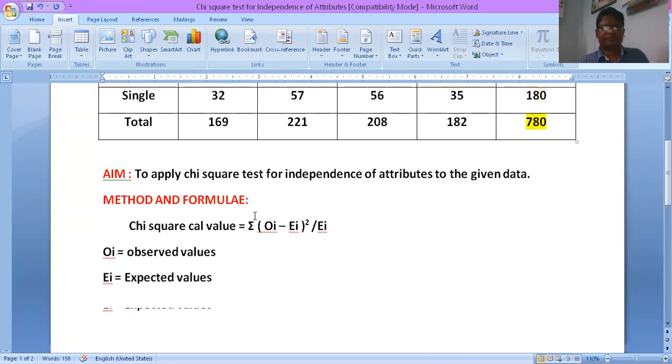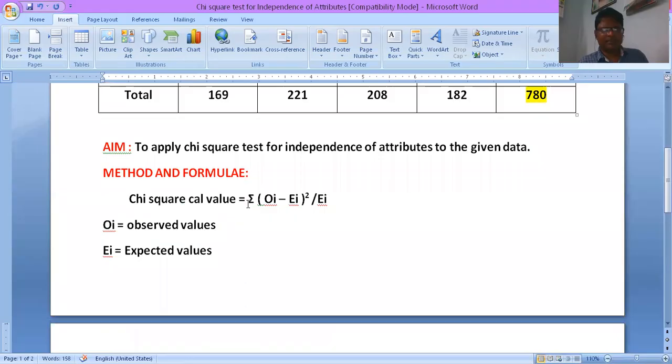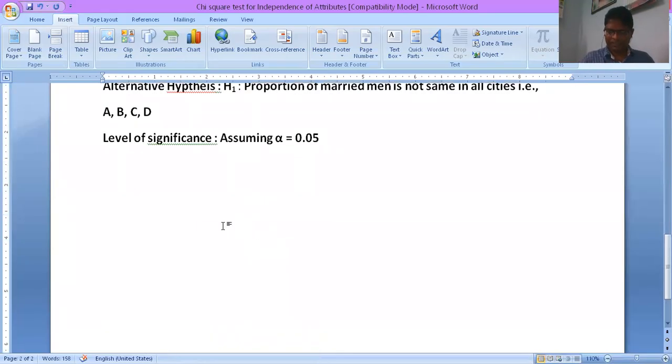So let us write first one by one the values, 137. For 137 we need the expected value. That is our job here. So 137 is the first observation. For the first observation, what is the expected value?